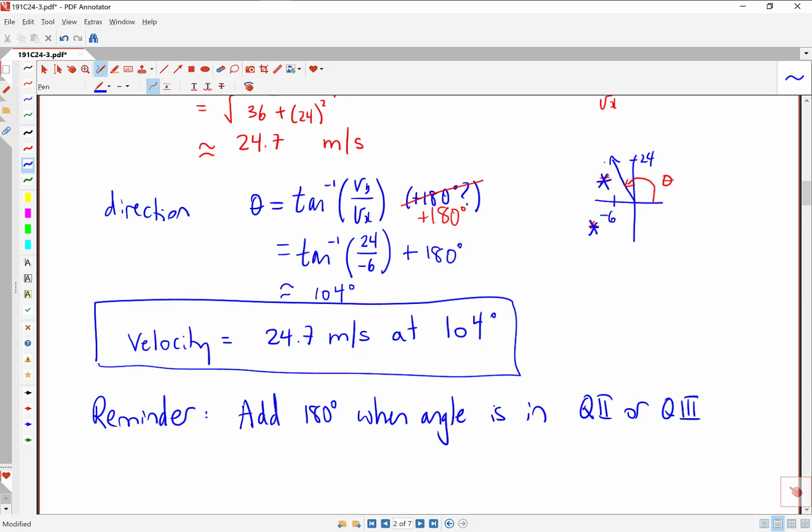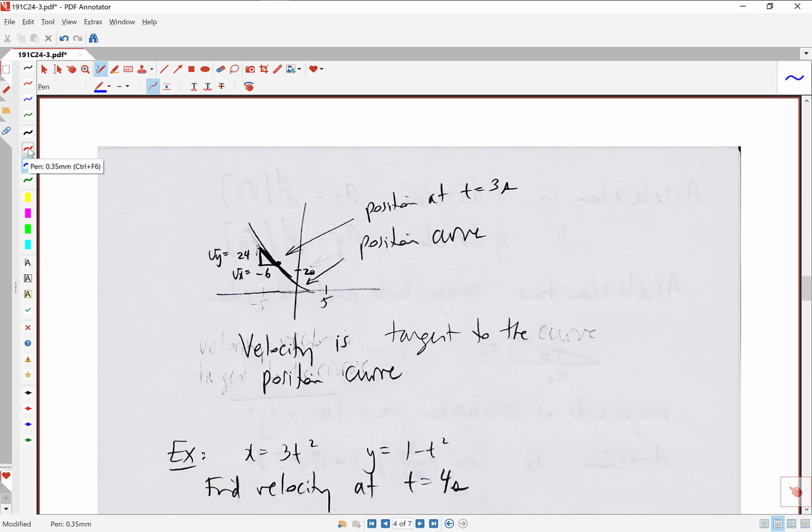So some people will think of that as just saying when your angle points left. So when your angle is pointing left and up or left and down, that's when the correction happens. Whereas when your angle is pointing right, arctan is going to give you the correct angle, and there's no adding 180 degrees required.